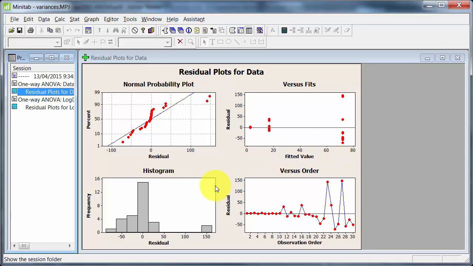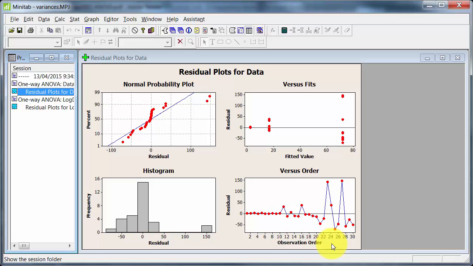The histogram here is just a histogram of the residuals, and we're looking for something more or less normal, roughly unimodal. And that's not happening. We've got a bit of a skewed distribution going on here, with most of it down here and then some very high values.